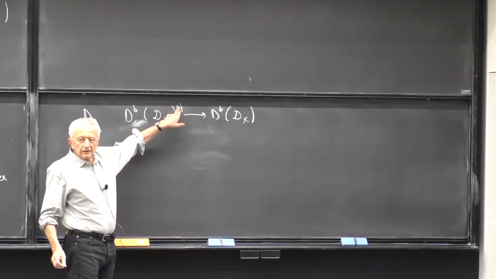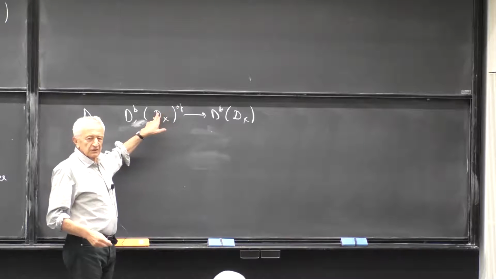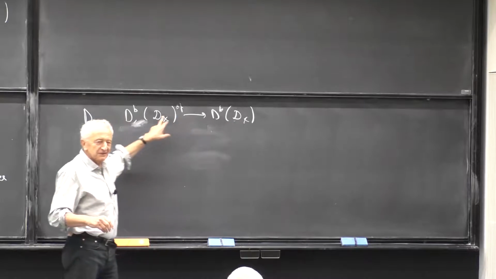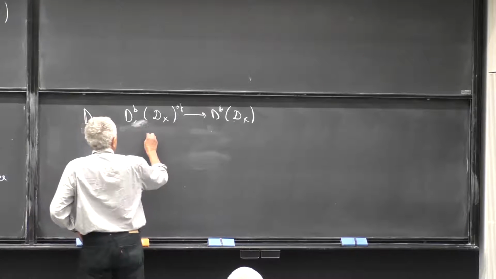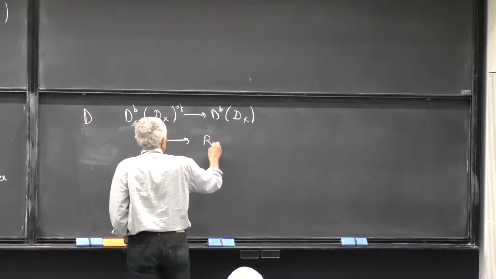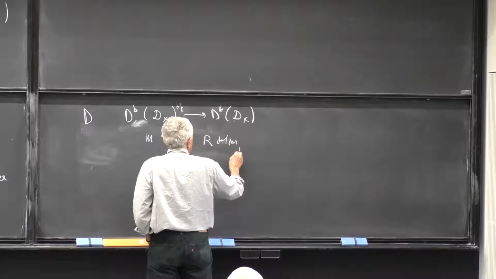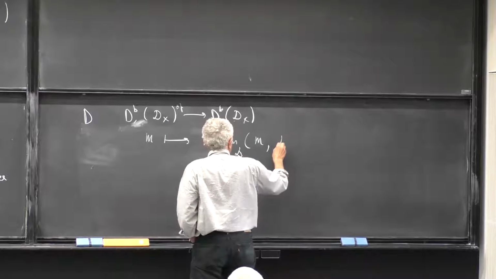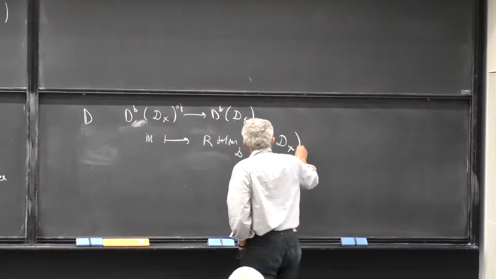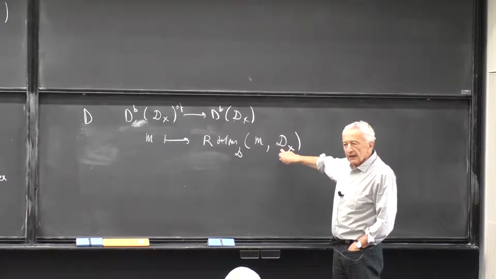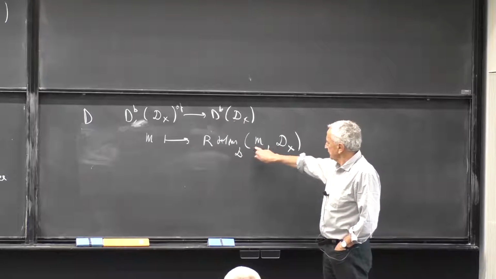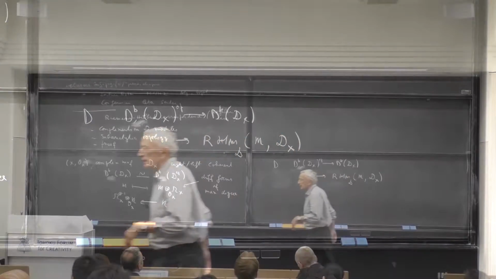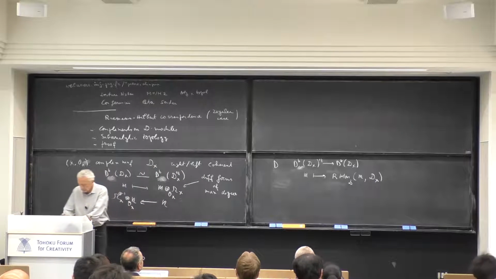Don't confuse the opposite category and the opposite ring. It has nothing to do with it, of course. This is the opposite category. So to M you associate RHom over D of M. If I write DX, I will find a right D module, because M is left, and it will be right. So I look at my notes, and there is a shift also.